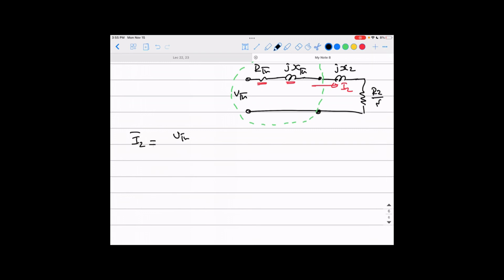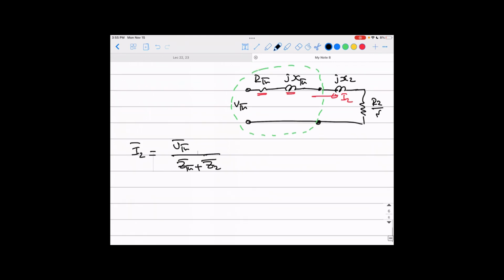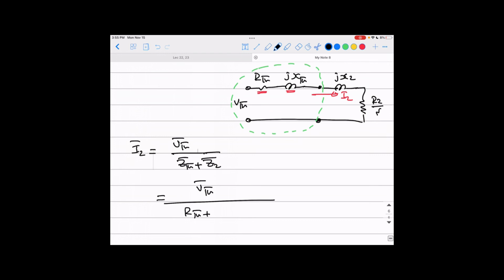I2 equals V Thevenin as a vector, divided by the total impedance, which is Z Thevenin plus Z2, the rotor impedance, which is jX2 plus R2 over S. So this will be V Thevenin as a magnitude and angle, divided by R Thevenin plus R2 over S plus j times X2 plus X Thevenin. That is your I2 as a magnitude and angle.